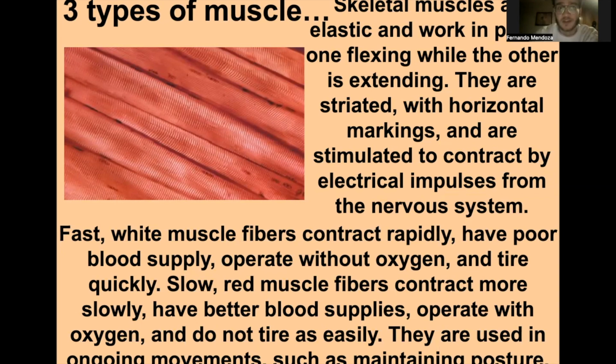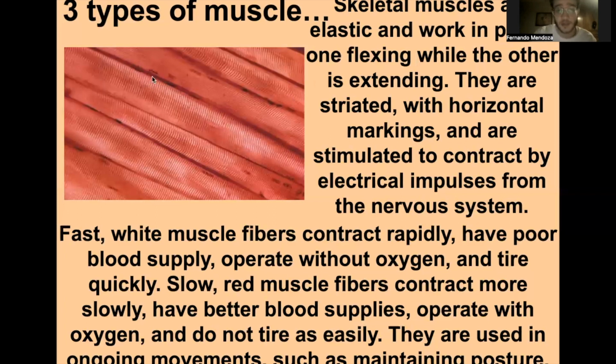So there's going to be a balance between these two muscles to provoke the movement of the body, and of course to have this movement so controlled. And they are striated. That is a characteristic of those types of cells. We can see it in the image.